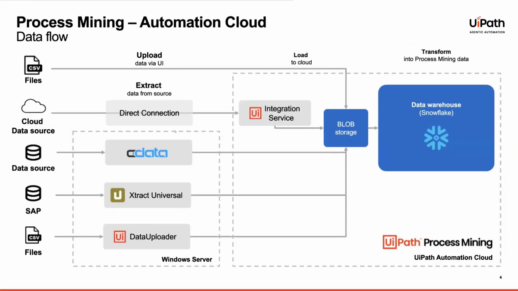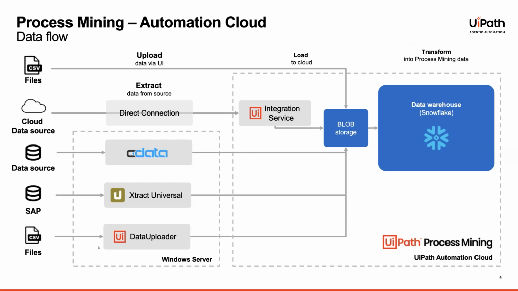So just a quick refresher here. This is what the process mining architecture for data flow looks like. So up on the top, we have our upload data via the user interface, which is our easiest approach. Then we have our new direct connection option that we use here, utilizing integration service to initially get that data within to our blob store container for the process mining app.